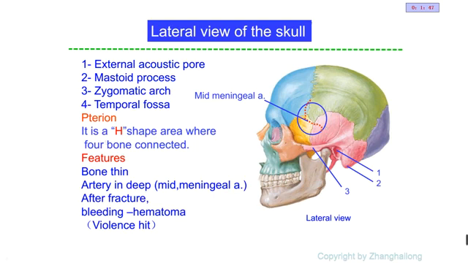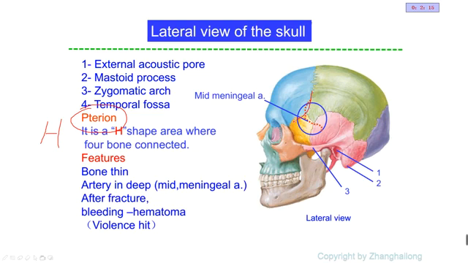And there is a very important structure you must master: the pterion. You should know what the pterion is, a very important concept. First, you should know the location. Now you see, it's an H-shaped area.